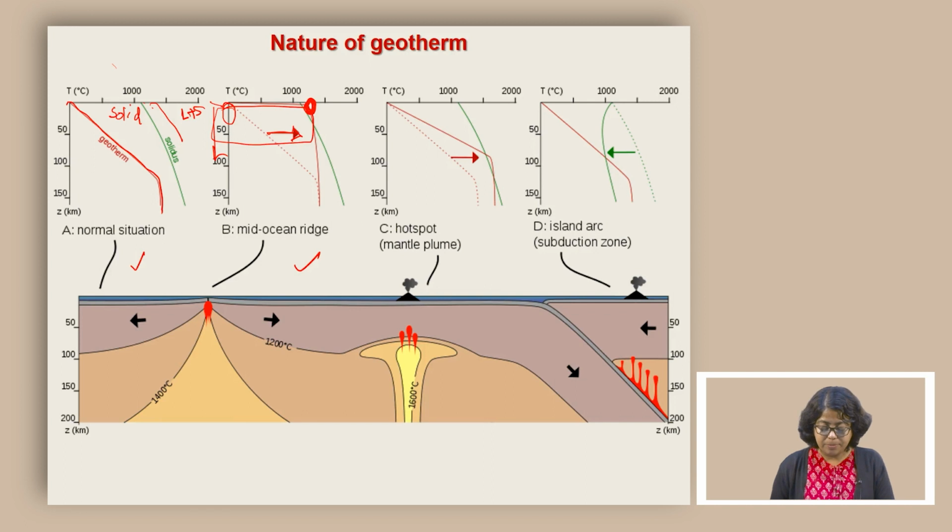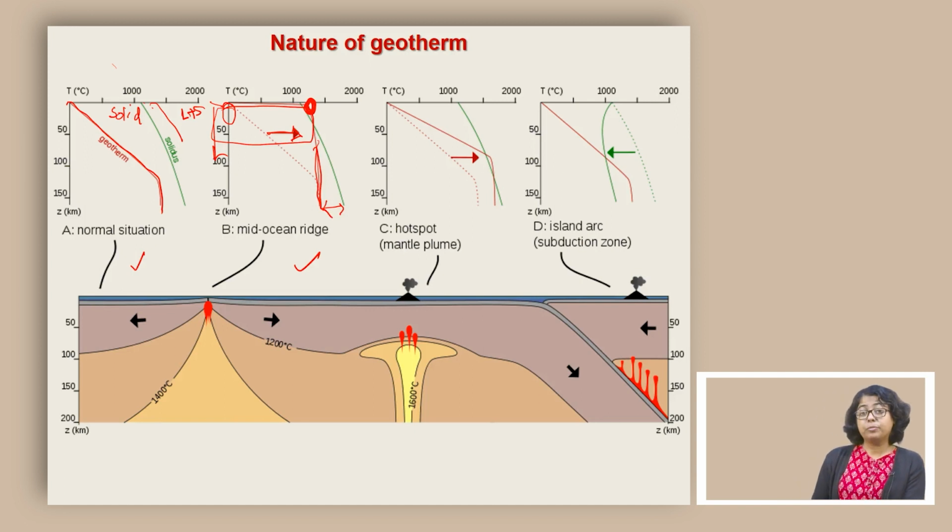Now, what is happening? Quite clearly the role is somewhat of pressure, because as we are going down, the pressure is increasing and we are not really seeing melting, because the geothermal gradient, this line, is actually moving away from this solidus line.